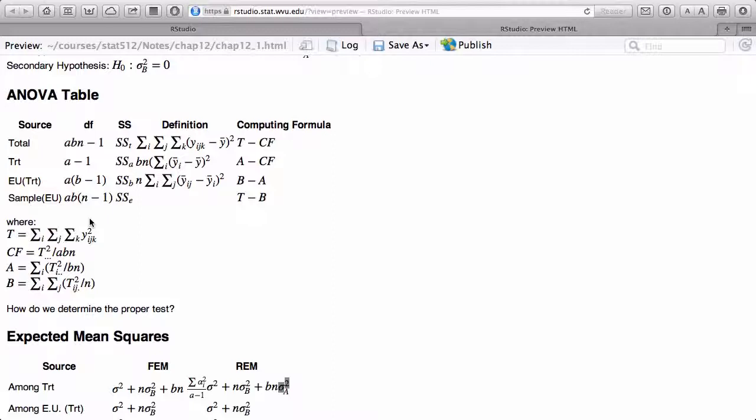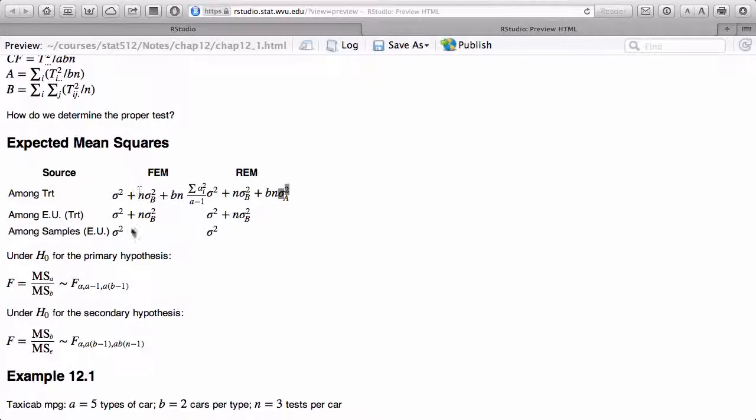Well, if that's 0, then you would say, well, these disappear, and why can't I just use the subsample variability, or better yet, pool these two and use the pooled estimate as my error term. So I could take the among experimental units and among samples and pool those together and use that as an error term. That's called pseudo-replication, by the way, and it's frowned upon.